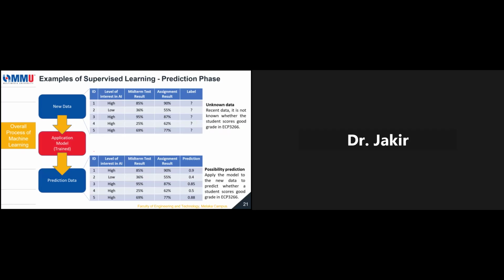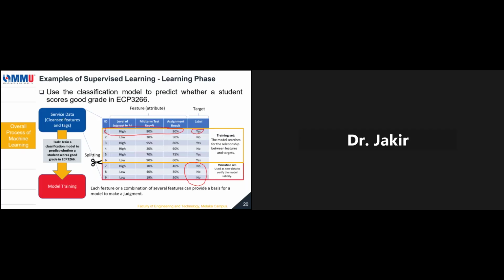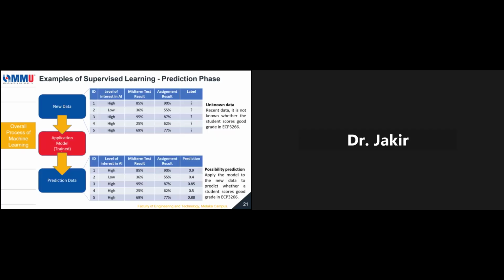All right. Now when the model is ready, we enter new data. That shows the capability of our model, right? So this is the new data coming into our trained model, and we are getting the predictions.